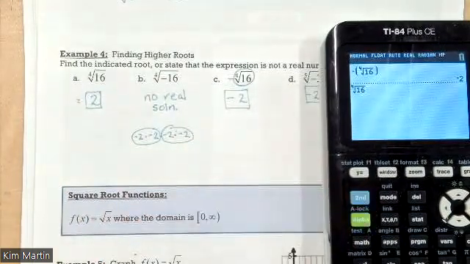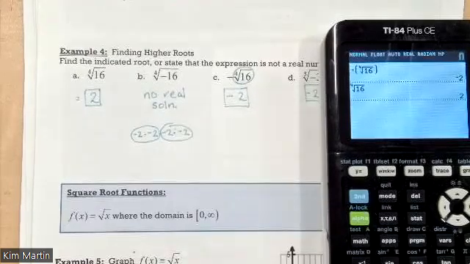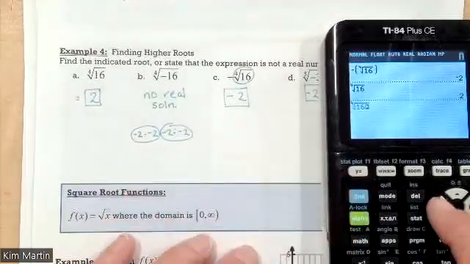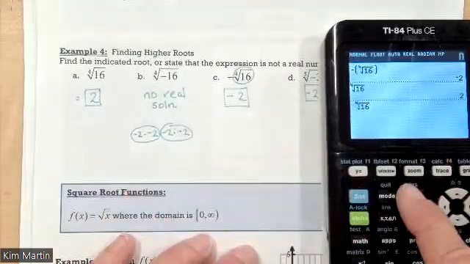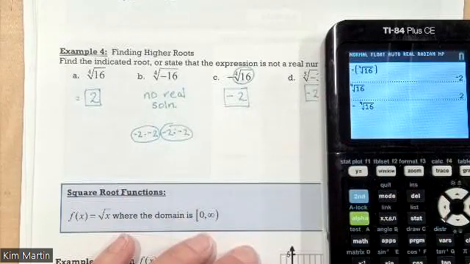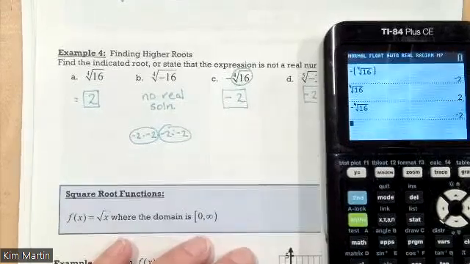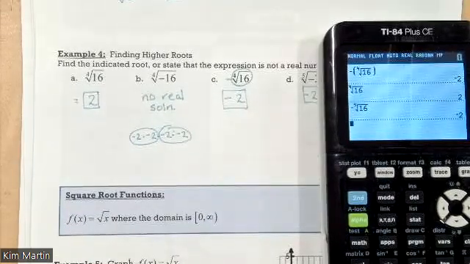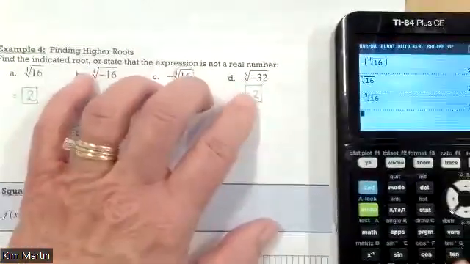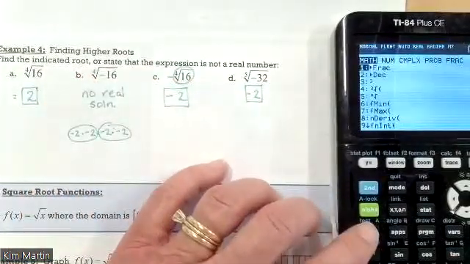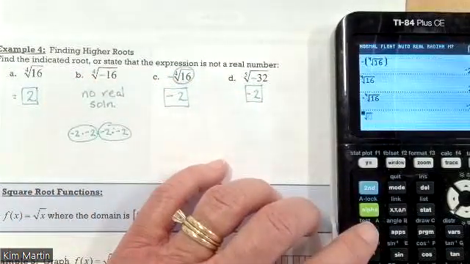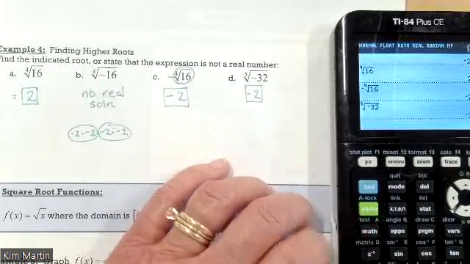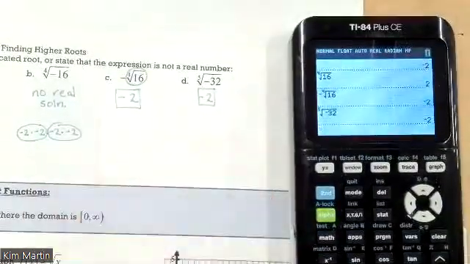He had it like that, so he brought it back up and then he inserted a negative here. I don't know why it won't allow us to do it before that, but that'll work too. All right. This one here, math 5, then the 5th root, and you put -32 and you get -2.